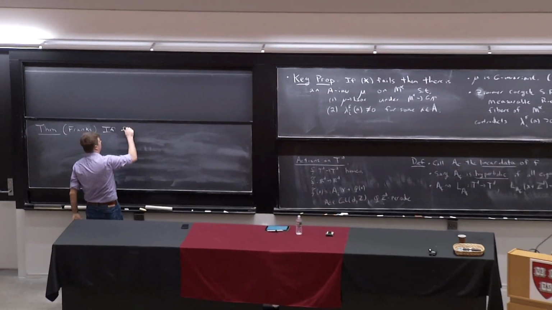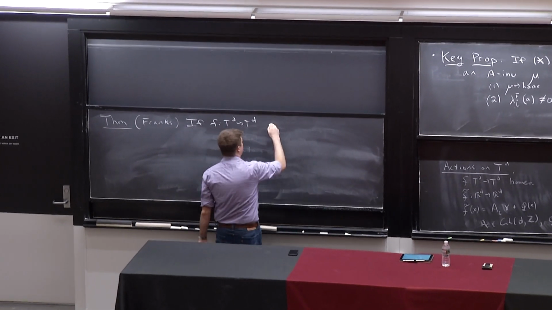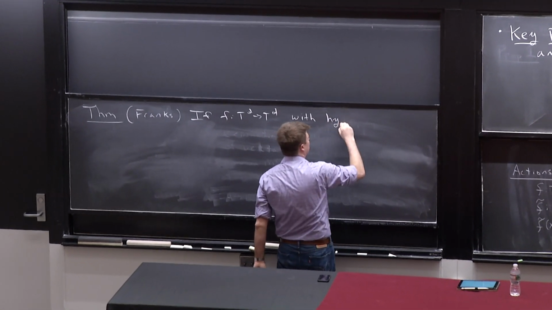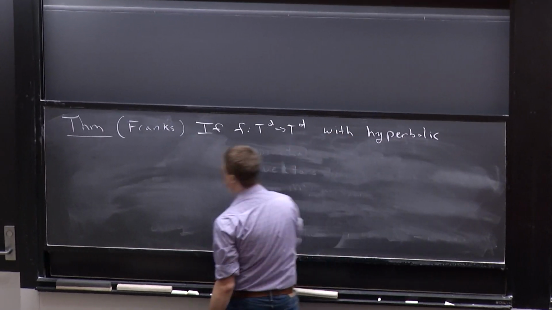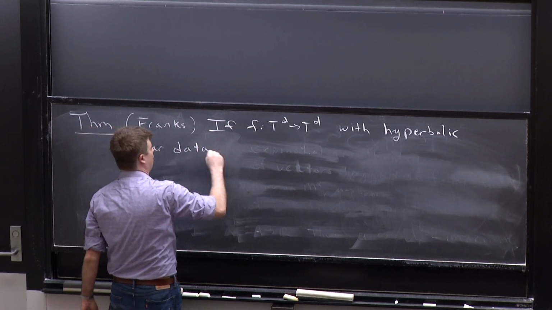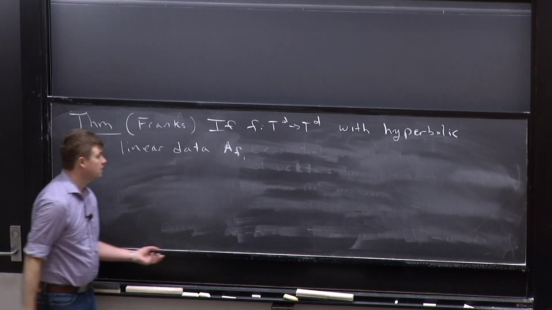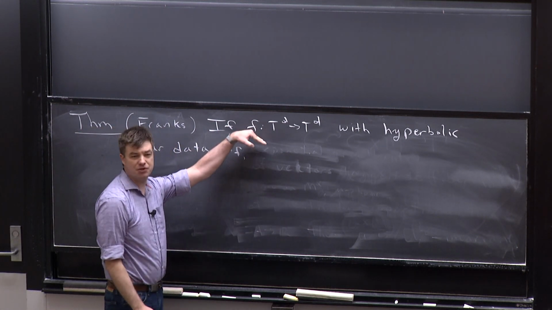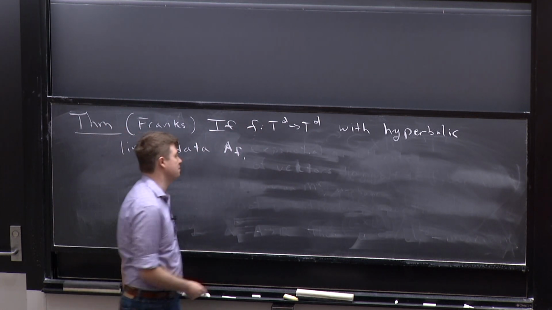If I take a homeomorphism of the torus to itself, and I assume that its linear data is hyperbolic, then I more or less know exactly what this homeomorphism is up to a continuous change of coordinates that might have to collapse some part of the space.